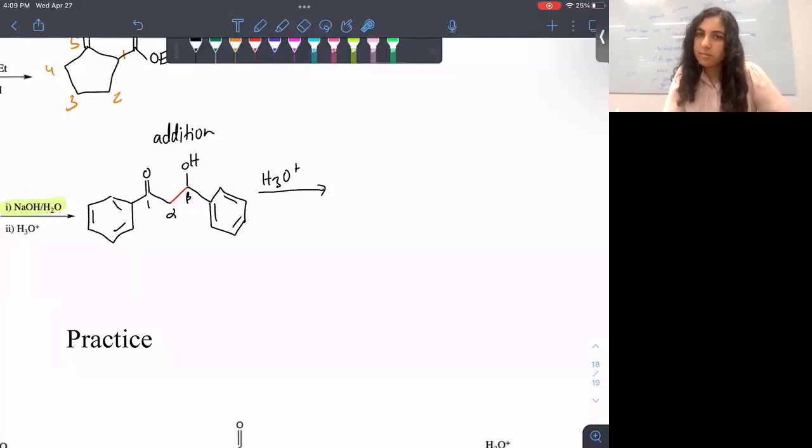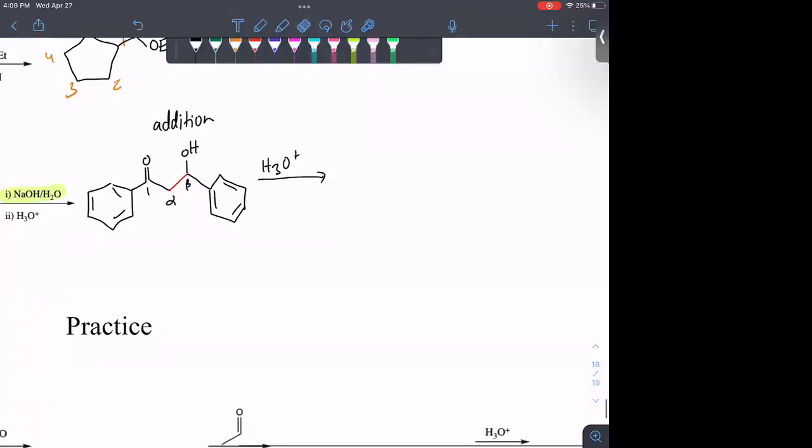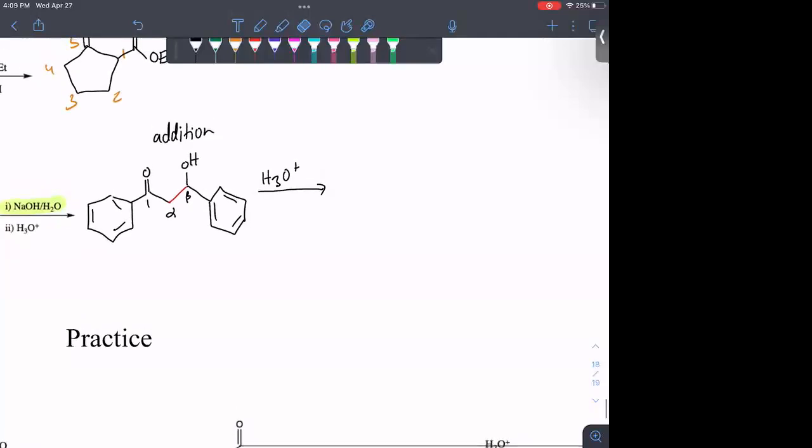Victoria, question? Yes. So, you're using aldehydes and ketones that are attached to benzenes, so there's no more options for alpha hydrogen. What if it was an asymmetrical ketone or aldehyde?